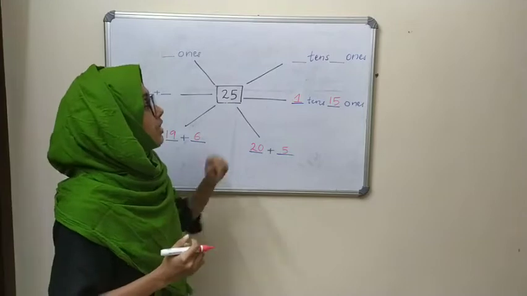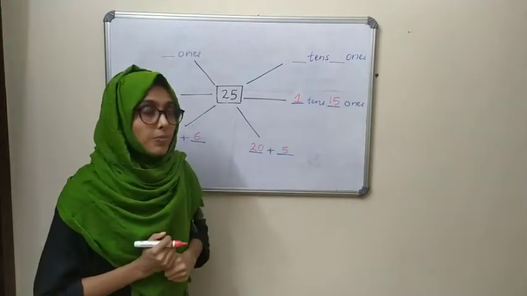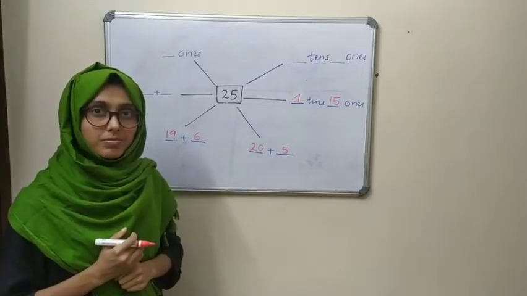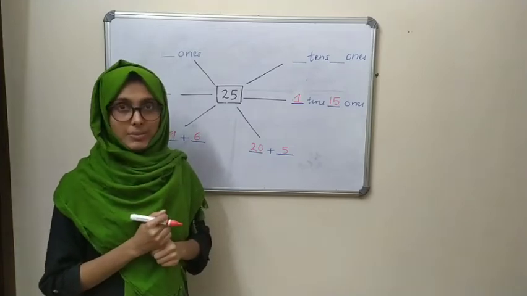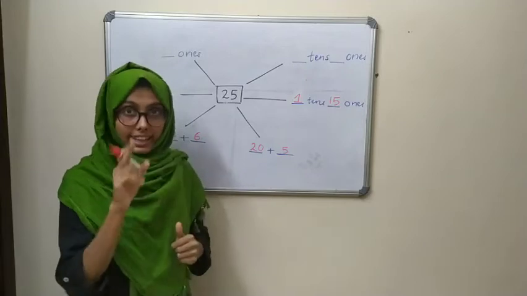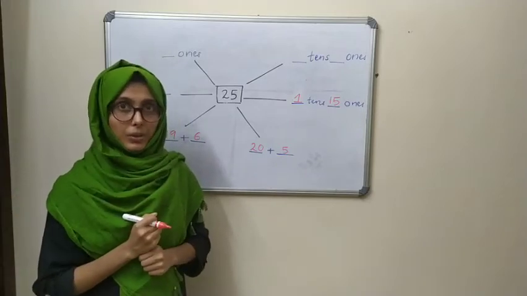Now here you want to write again in tens and ones form. So now tell me, how can you write? Suppose you have 20 rupees. You have 1 10 rupee note, again 1 10 rupee note and 5 1 rupee coins.